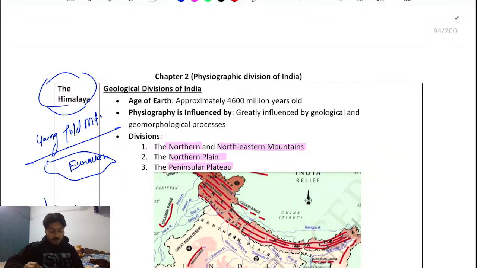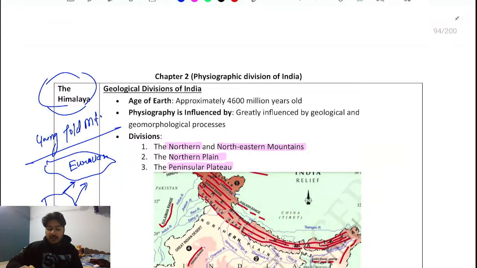When the Indian plate went down inside the Eurasian plate, it formed the Himalaya. So this is the overall way the Himalaya was formed. Clear? This is what you need to understand in the context of the Himalaya.